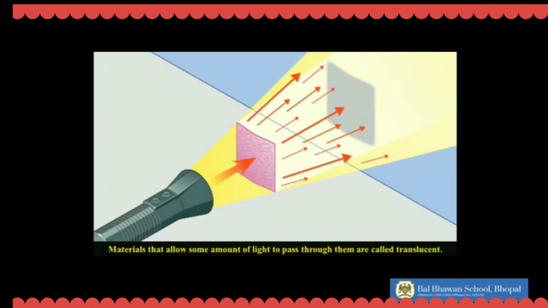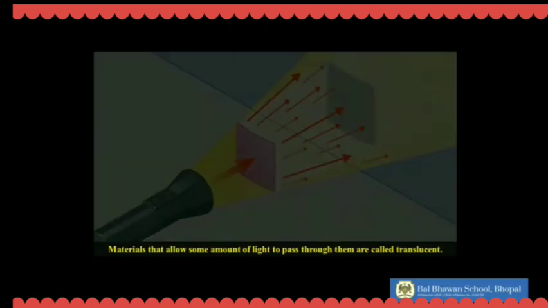The next is materials that allow some amount of light to pass through them. They are called translucent materials. First was transparent, and the second type of materials are translucent materials. Now try and find out some examples.